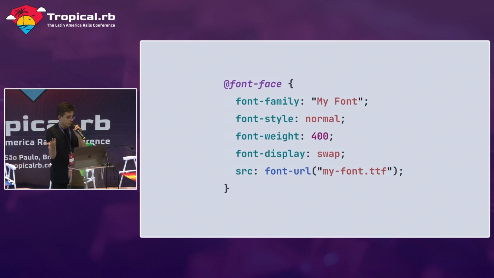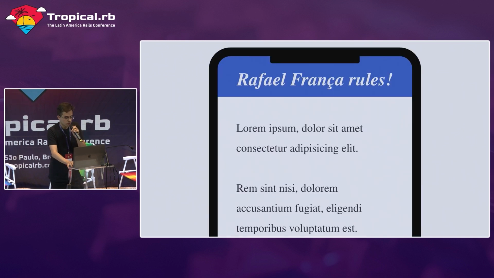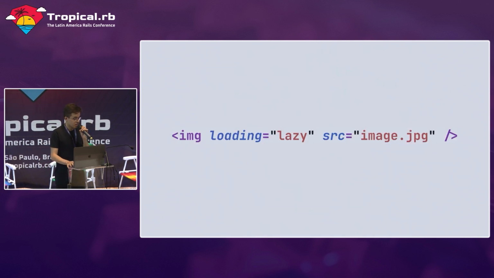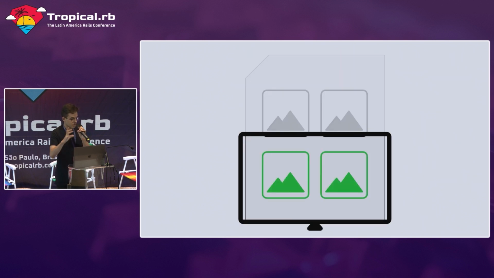You can do the same thing with fonts. You can have this special attribute, font display swap, which basically lazy loads your font. So your page basically will load with whatever font the user already has on their device, and then later they get the font that you wanted. You can lazy load images. So basically, you only download images that are currently being seen.